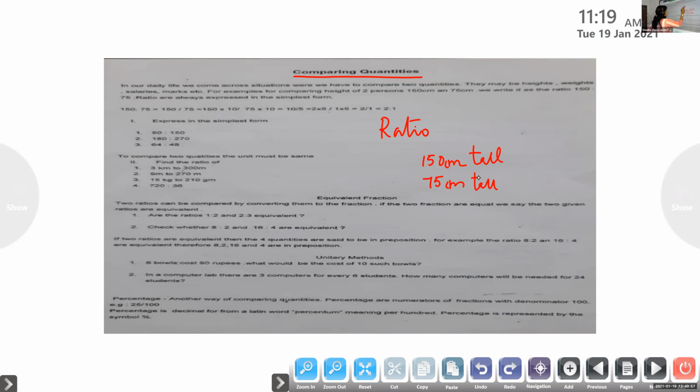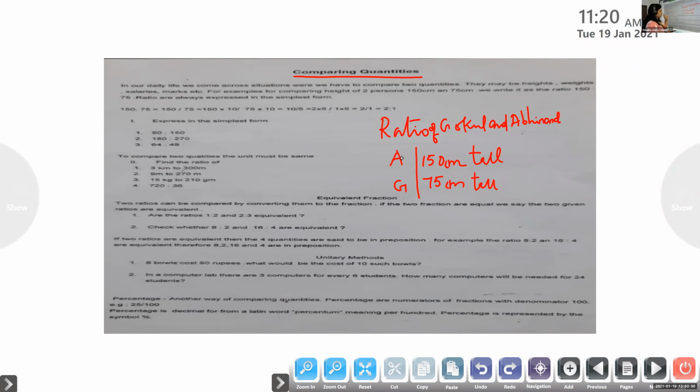Suppose ratio of Gokul and Abhinanth. Gokul is 75 centimeter tall and Abhinanth is 150 centimeter tall.